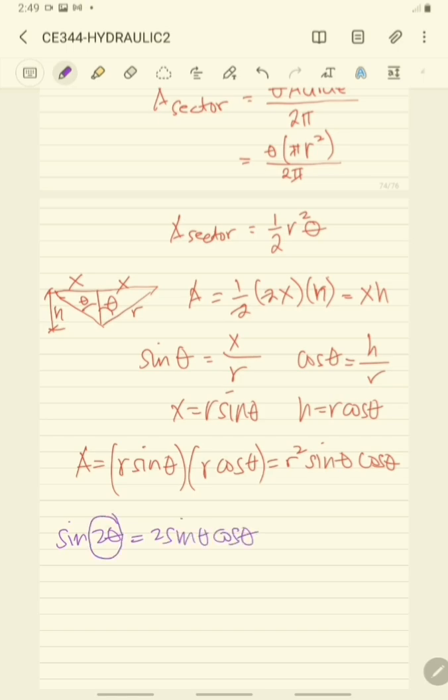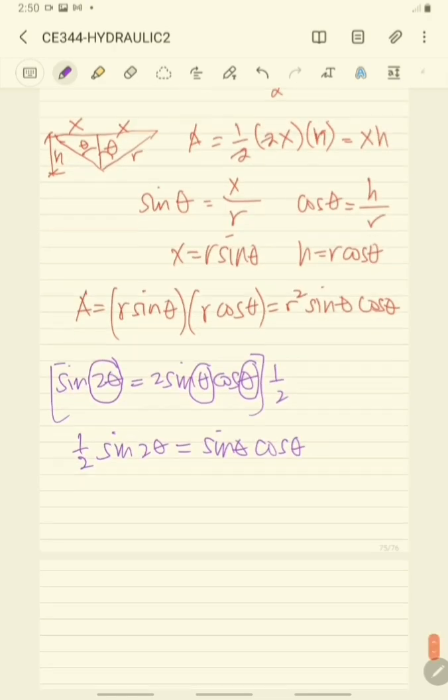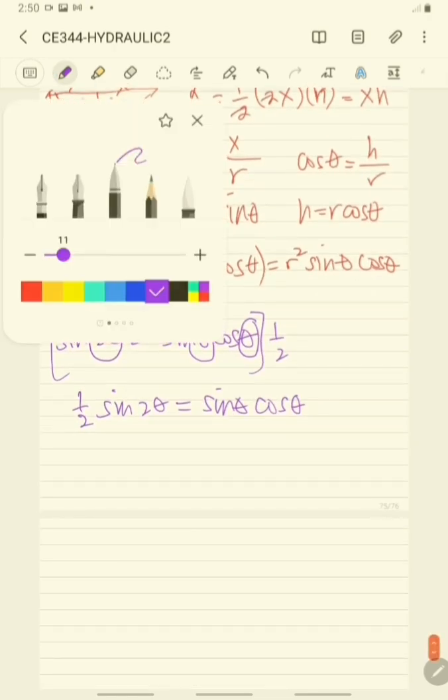If this is 2 theta, for the right side it is only theta. We have to make this formula in the form of sine theta cosine theta by multiplying 1/2 on both sides. So we have now 1/2 sine 2 theta is equal to sine theta cosine theta. So we'll substitute it to our formula.